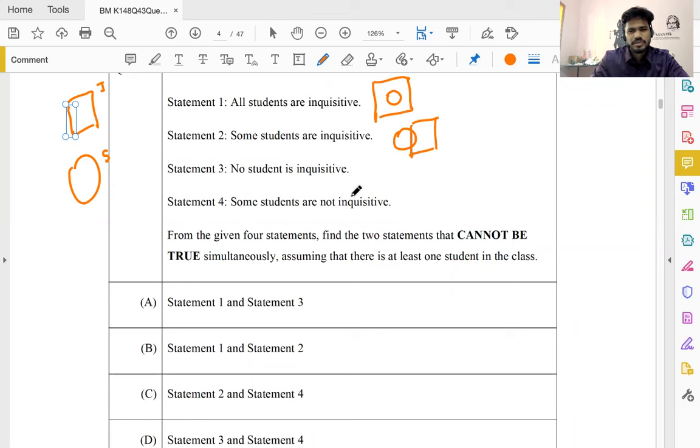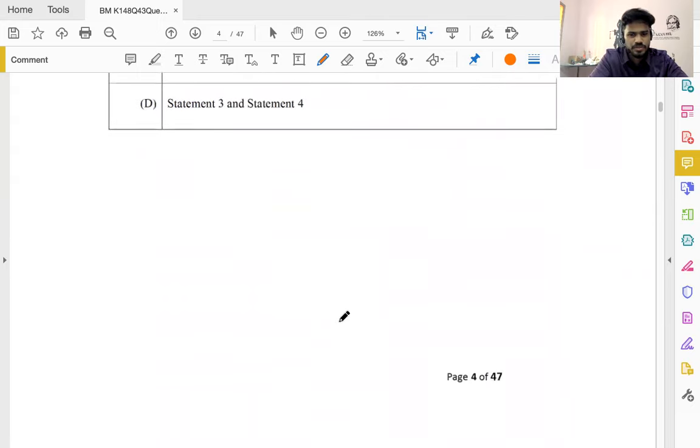No student is inquisitive, so this is like this, and some students are not inquisitive, again something like this. So actually 2 and 4 can match. But 1 and 3, there is no way things are going to match. All the students are inside, all the students are outside. That cannot be possible. So statements 1 and 3; again, there is no issue with that question.